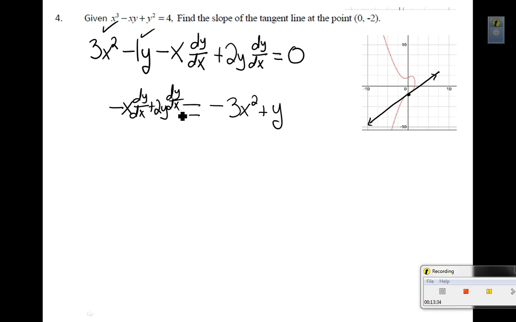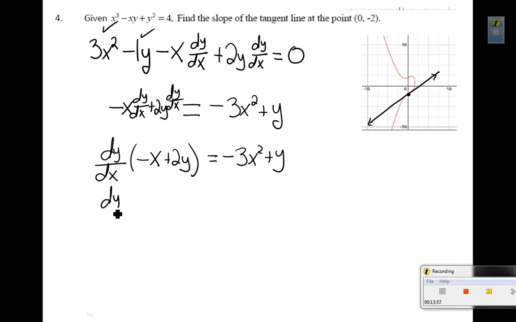To solve this thing for dy/dx, I'm going to factor out a dy/dx. That way you only see one of them. If I do that, there's an opposite of x plus 2y left over, equal to negative 3x squared plus y.